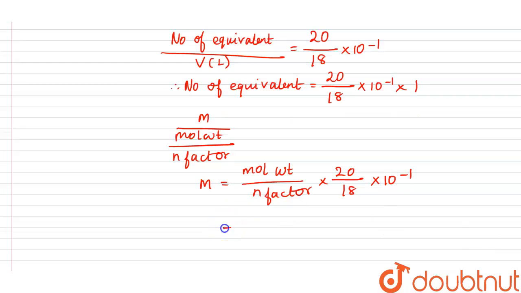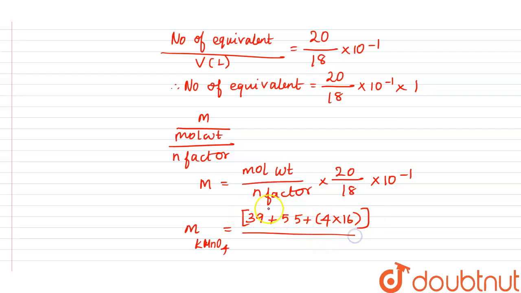Now we substitute. For the molecular weight of KMnO4 we sum up the atomic weights: for potassium it is 39, for manganese 55, and oxygen 16, so 4 into 16, divided by the N factor.